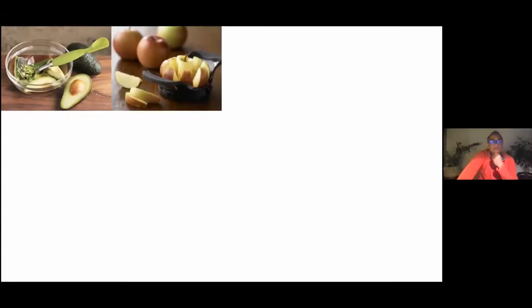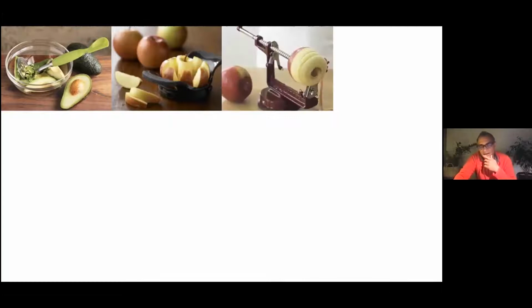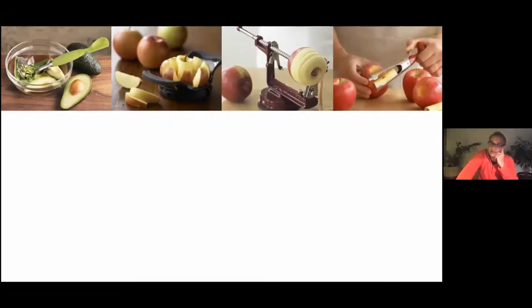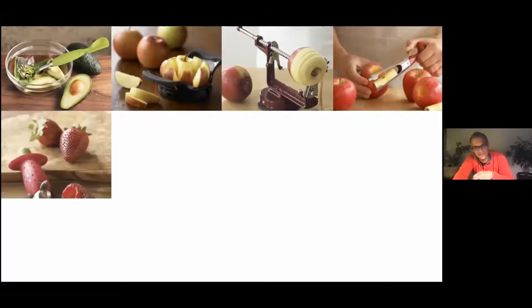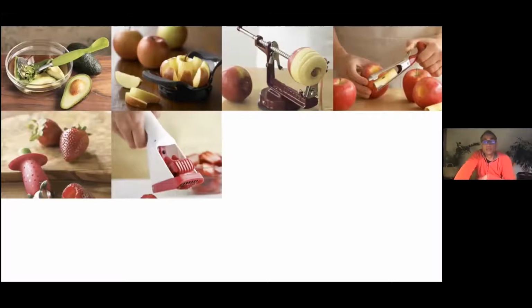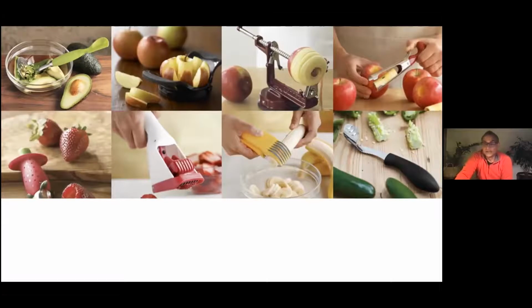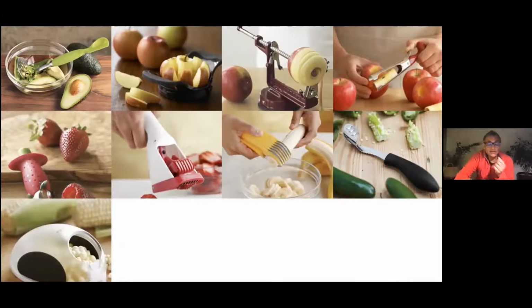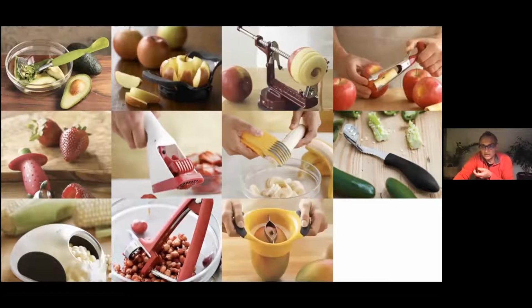So, for example, and this is very typical here in the US, you can go into one of these stores where they sell kitchen appliances like Williams-Sonoma, etc. And you can buy, for example, and I'll show several photographs, an avocado masher, or a special implement which is an apple slicer, or an apple peeler that just peels the skin of the apple, or an apple corer that takes the centerpiece out, or a strawberry corer, a strawberry slicer, a banana slicer, a special device for removing seeds from a pepper, a jalapeno pepper or any kind of pepper, a corn husker that removes the ears of a corn, a cherry pitter, a mango slicer, a peach slicer.